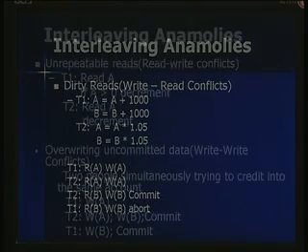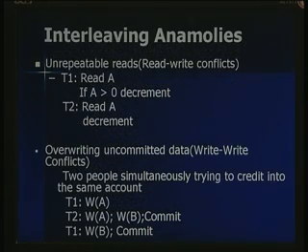We will look at other kinds of conflicts that can arise when transactions are executing. The first kind of conflict that we saw is a write-read conflict. We can also have a read-write conflict and a write-write conflict. In the read-write example shown here, transaction T1 is reading the data item A, and if its value is more than 0, then it decrements.